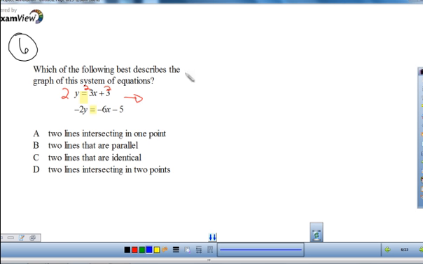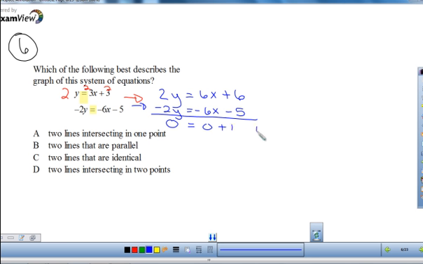So I'm going to have 2y is equal to 6x plus 6. Bottom equation I didn't change. So I'm just going to bring it down. Okay, so I end up with 0 equal to 0 plus 1. So that means no solution, which means that my lines are parallel.